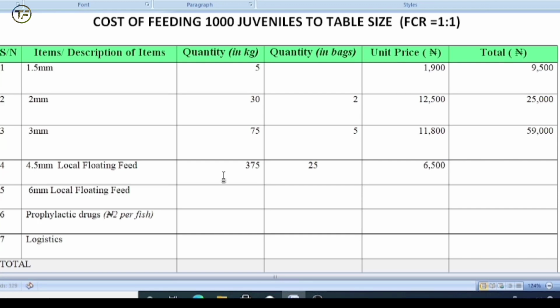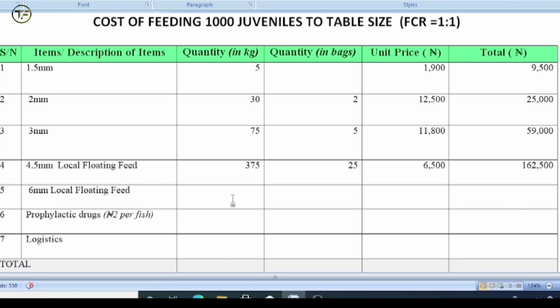Now multiplying this, you're going to have 162,500.